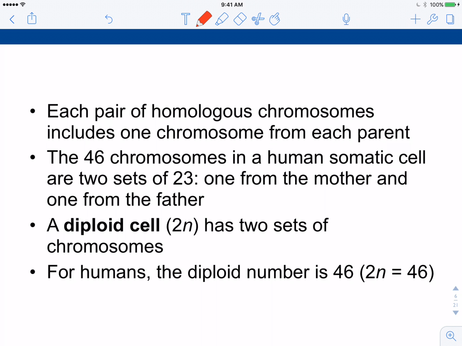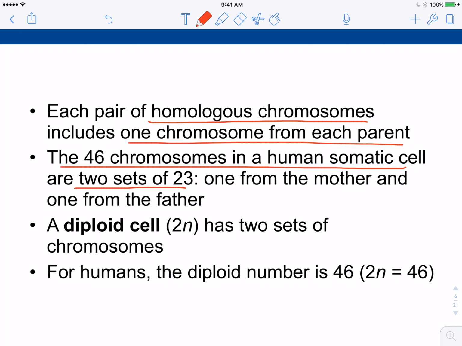Okay, so back to our homologous chromosomes, because this is super important for meiosis. Homologous chromosomes include 1 chromosome from each parent. So 1 chromosome from mom and 1 chromosome from dad in each pair. So the 46 chromosomes in a human somatic cell are 2 sets of 23. 1 full set comes from your mother, and 1 full set comes from your father.